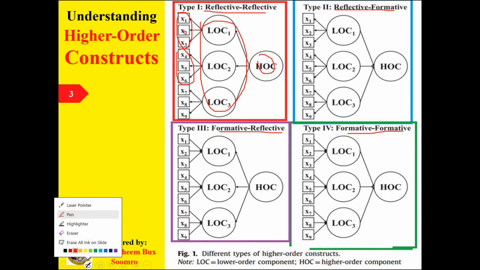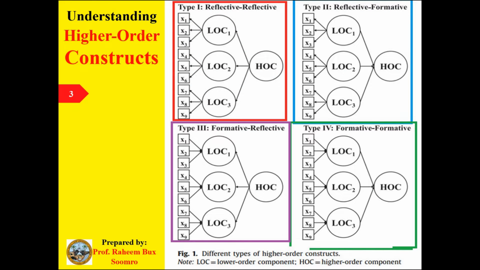Furthermore, if I want to understand the difference between reflective and formative, we have to observe the face of the arrow. The arrow is going from this LOC, lower order construct, to its items. So that's why it is called reflective. Also, from the HOC it is going to the LOC. This is also reflective.